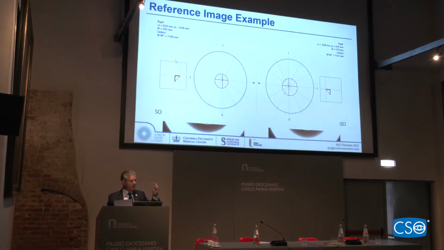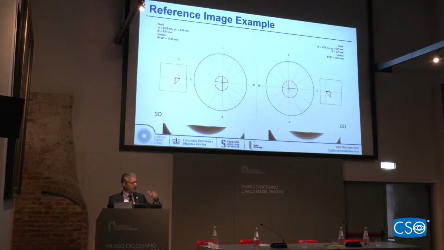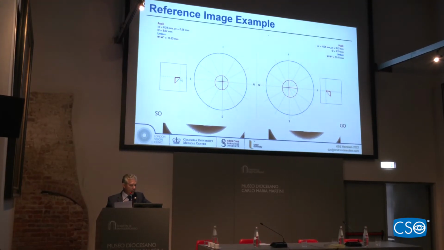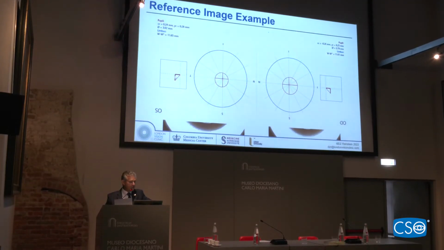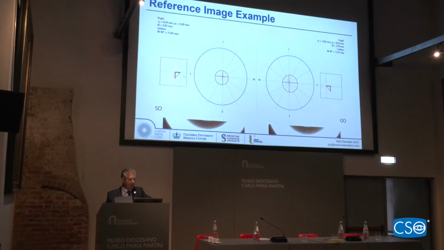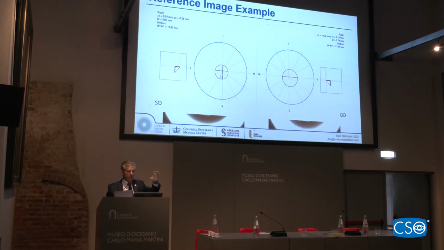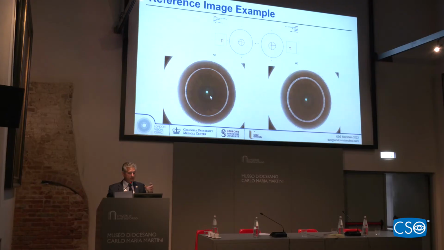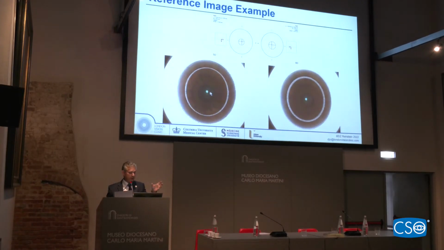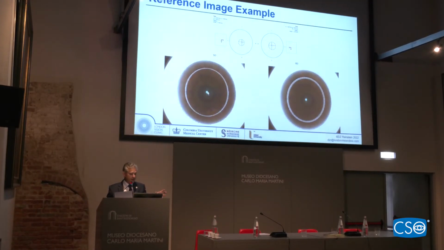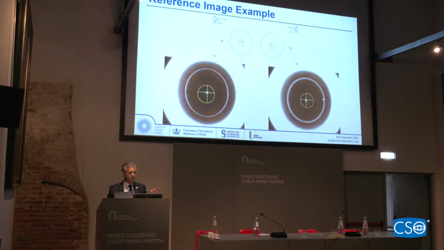And so now we can immediately have this display where we have the X and Y deviation from the center of the pupil to the vertex, and we have this visual target display that shows us how the centration will be. And this is a stop photography of where I centered the left eye and where I centered the right eye, and you can see that I'm exactly where I intended to be.